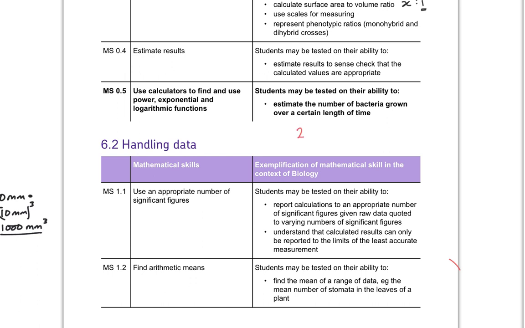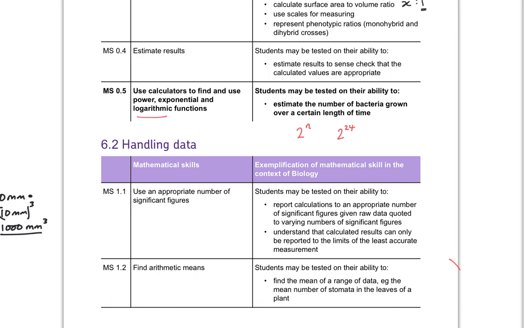Well, it's 2 to the power of the number of cell divisions, because they double. If I've got 24 hours and they double every hour, well, it's going to be 2 to the power of 24. I've got 24 doublings, so that's the power button.